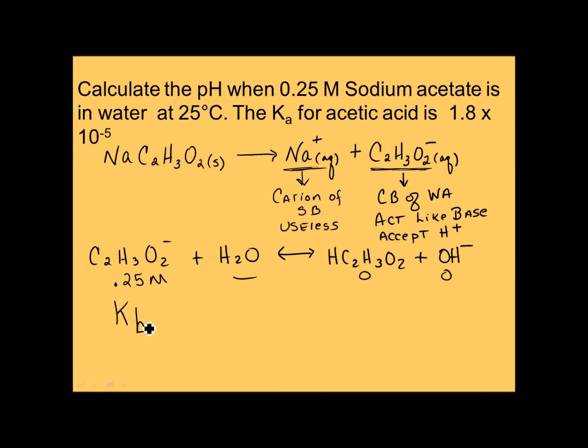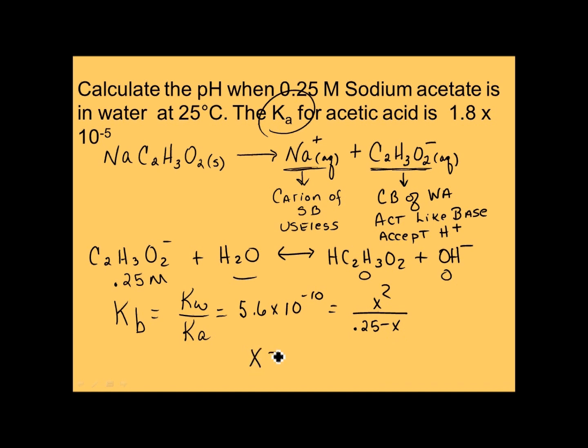I need a Kb. Well, I don't have a Kb, I have a Ka, but I can calculate a Kb nice and simple. The Kb of the acetate is Kw divided by Ka, and that numerical value comes out to be 5.6 times 10 to the negative 10. It's going to be equal to x squared over 0.25 minus x.